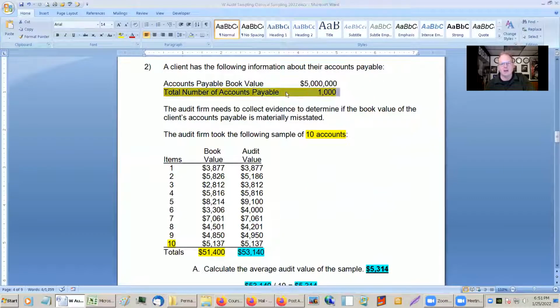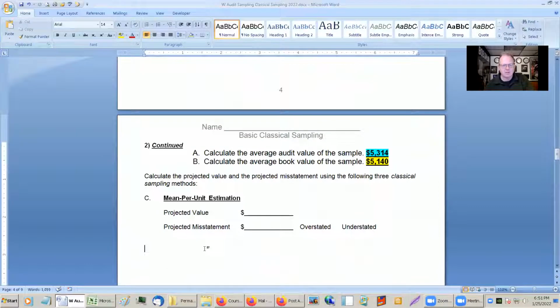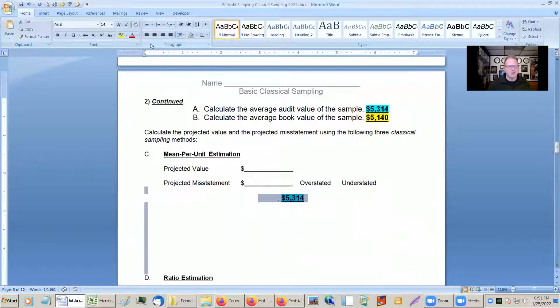This is the total amount of the accounts payable. I kind of walked through the first one, yes. The audit amount was this.